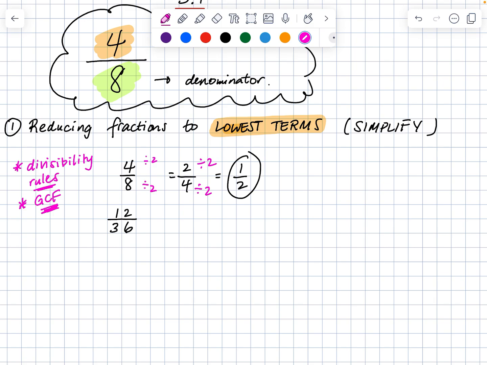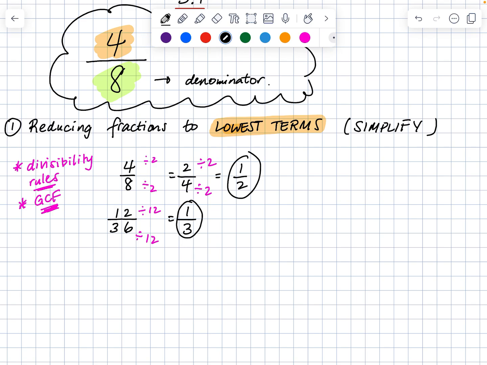But I know also in my head, accessing my multiplication tables or my times tables, that both the numerator and the denominator have a GCF together of 12. So you can actually divide both the numerator and denominator by 12, which means our result is 12 divided by 12 is 1, and 36 divided by 12 is 3. So simplified, 12/36 goes to 1/3.